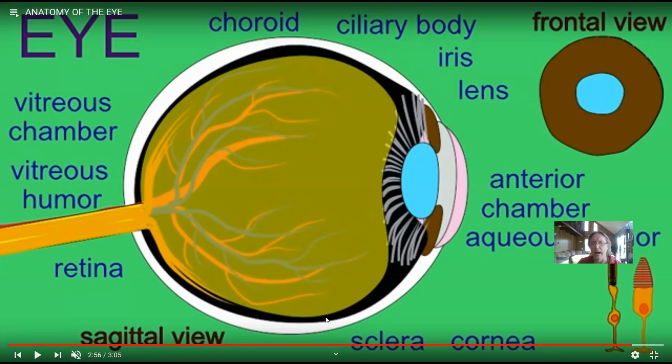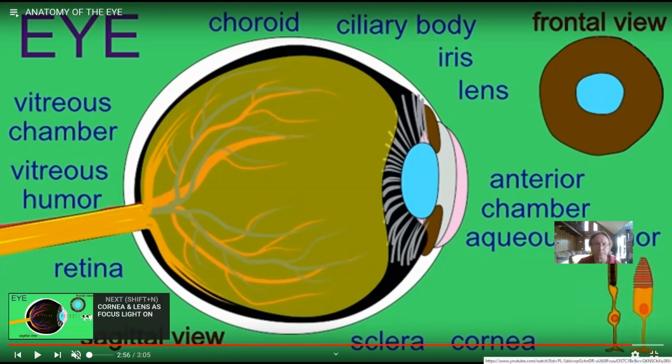There is a middle vascular tunic that has the choroid, where blood vessels are, and the melanocytes here absorb light. There's the ciliary body, whose ligaments control the diameter of the lens, and then the iris, which controls the diameter of the pupil. And then there's the innermost layer, the retina, where the nerve cells are.